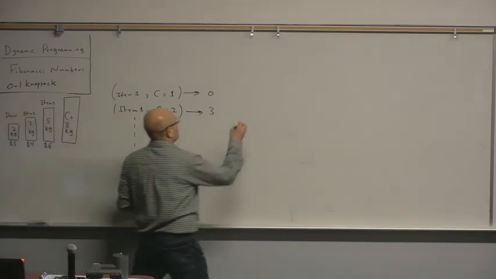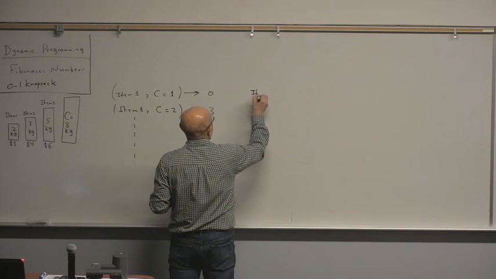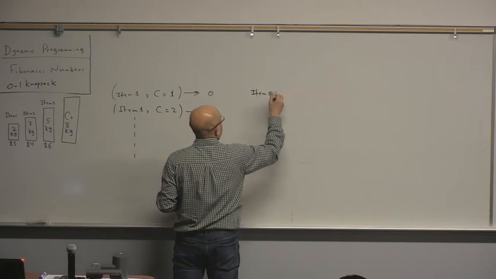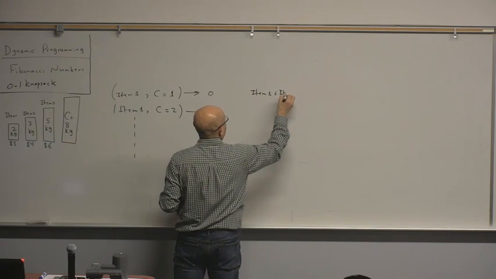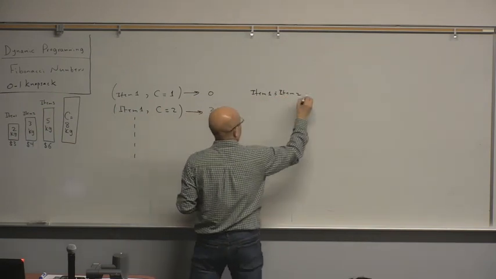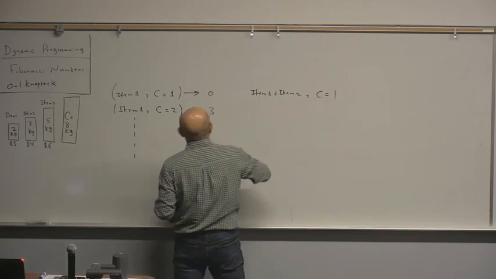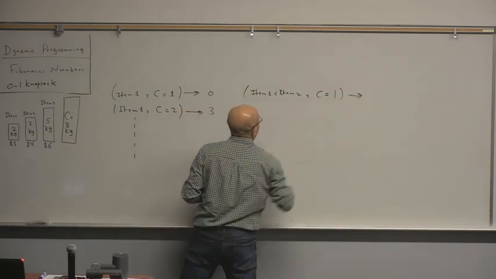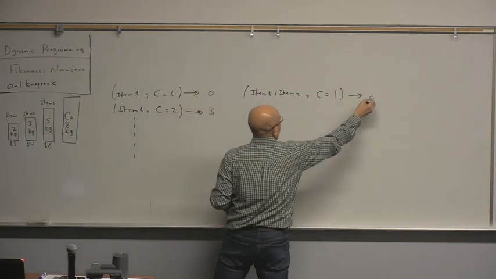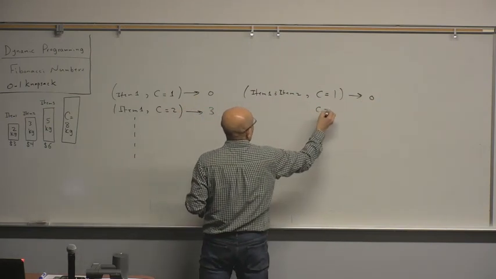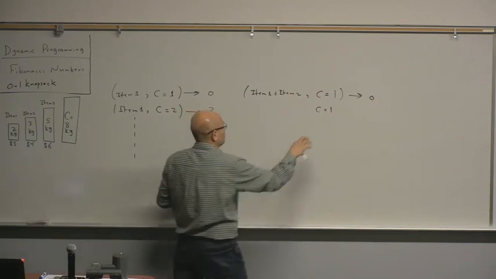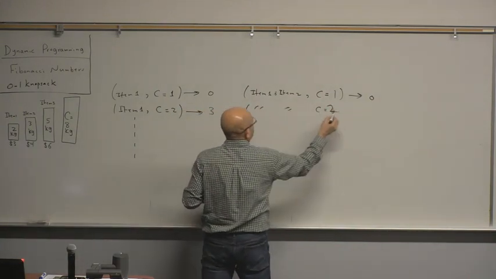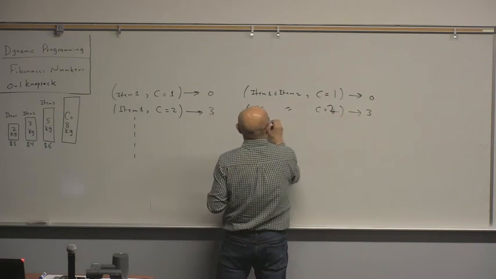So we can look, for example, at item 1 and item 2 and the capacity of 1. What's the solution in this case? 0. But if C equals 2, with the same items, item 1 and 2, then the solution is going to be 3, and so forth.